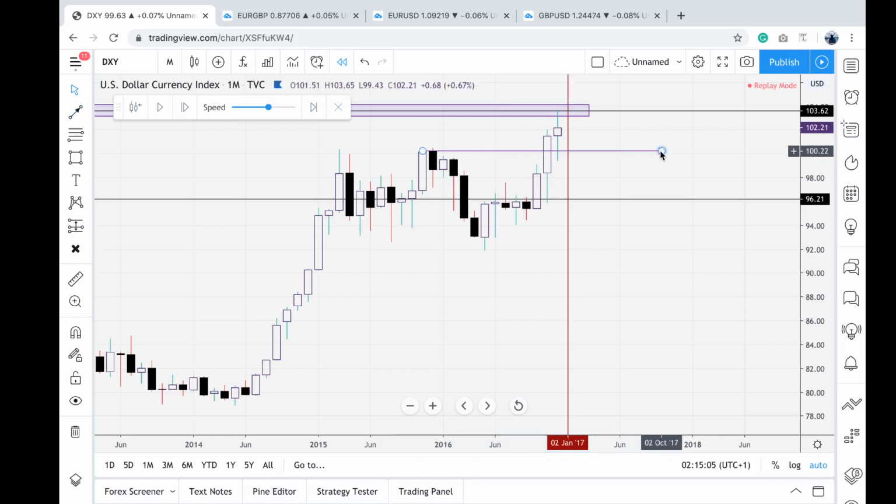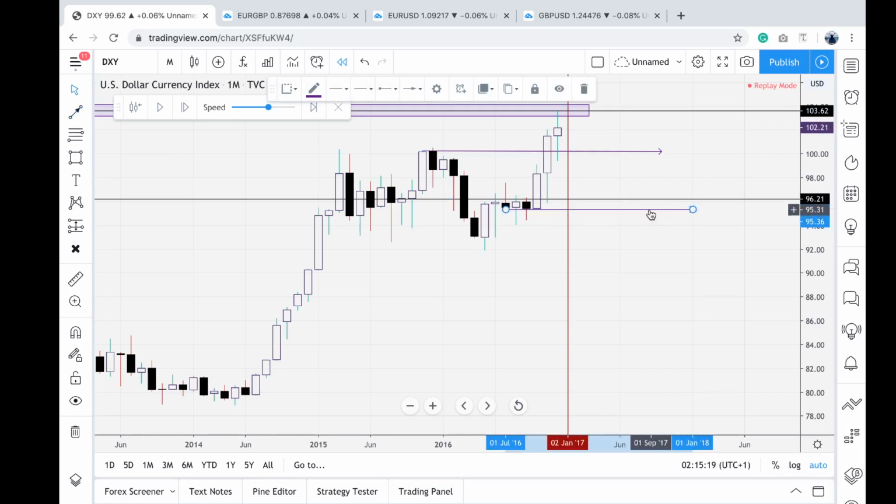But we could use this level as a good reference point to expect price to reach for on a short-term basis. But I also want you guys to pay attention to these very clean body candles at this point. That is a monthly rejection block.